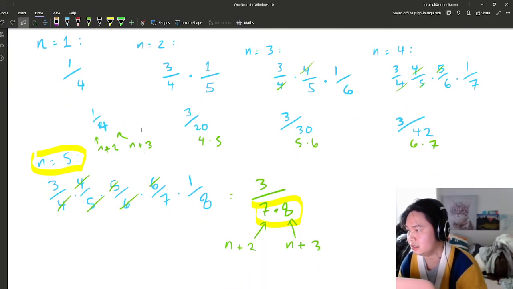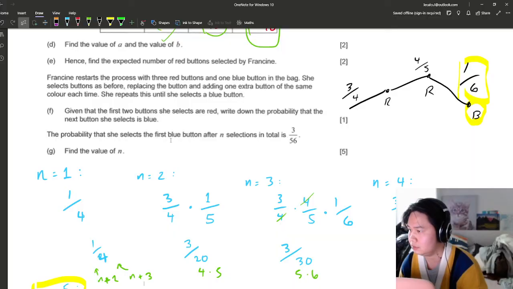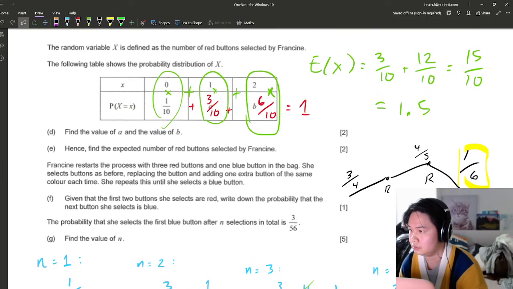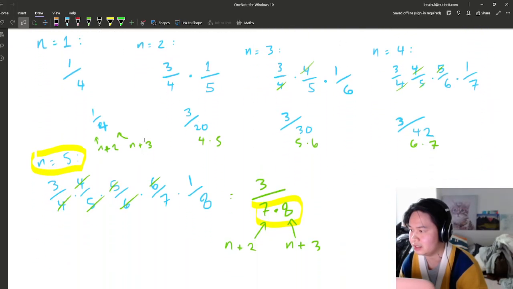Why is that one the one that's not nice? So 3 times 4. This is not 3 times 4. And then this is just 3, right?